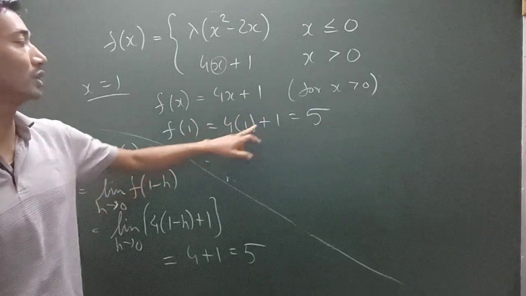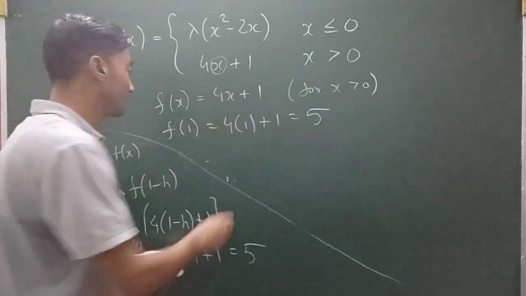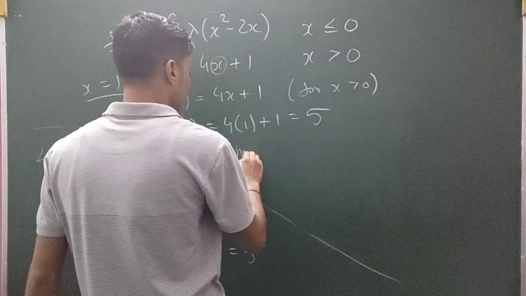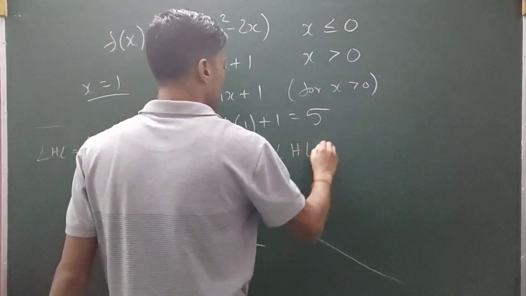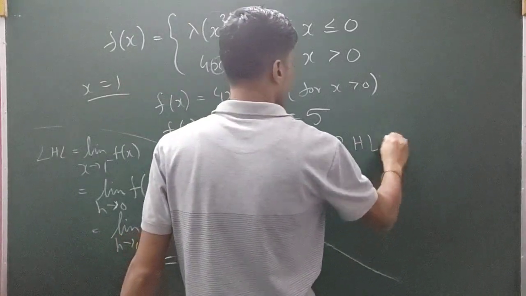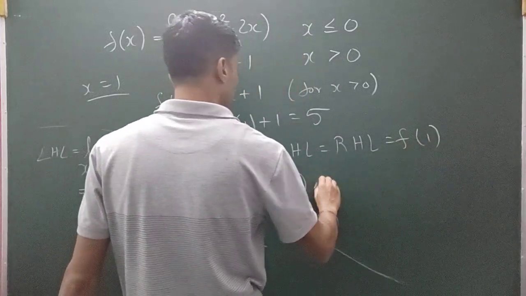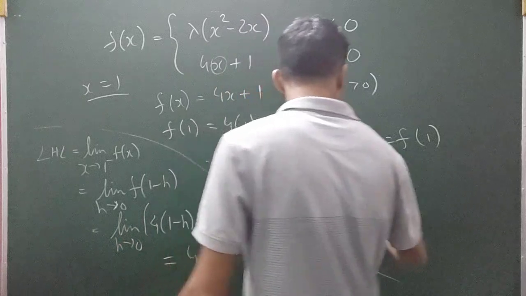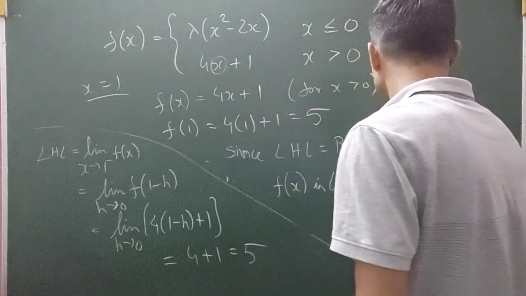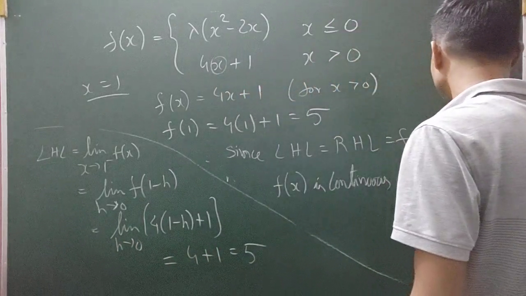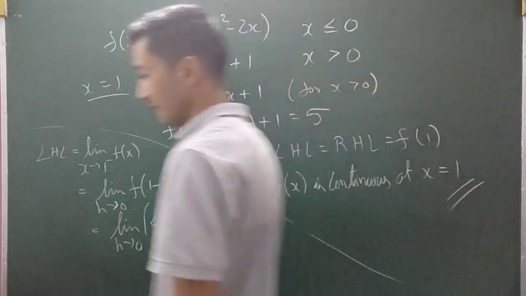So f(1) will be 4 into 1 plus 1, that's going to be 5. So here, since the left hand limit is equal to the right hand limit is equal to the value of the function f(1), f(x) is continuous at x equal to 1.